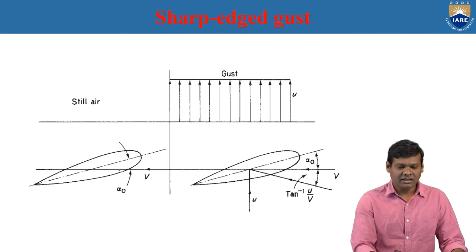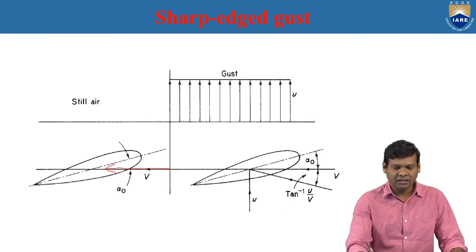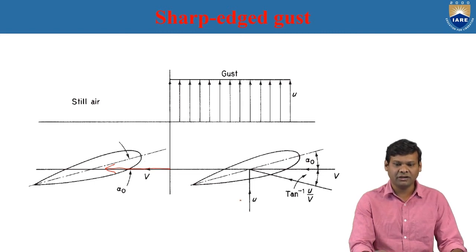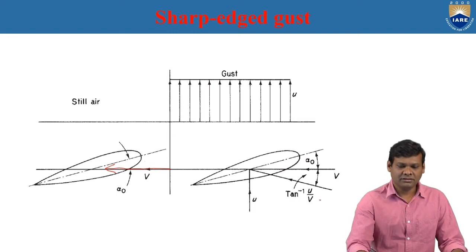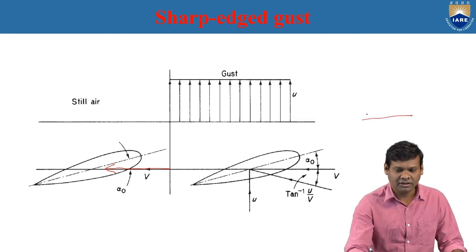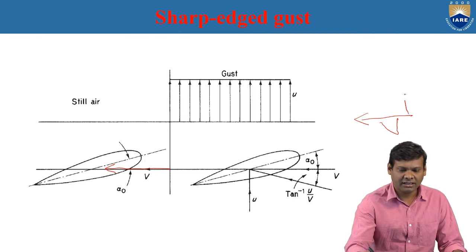You can see that in the initial case, the velocity is in this direction. But when it has encountered the velocity u, that is the gust velocity, then it has some component. What I would like to draw is this. This is the airplane velocity V and this is the gust velocity u.